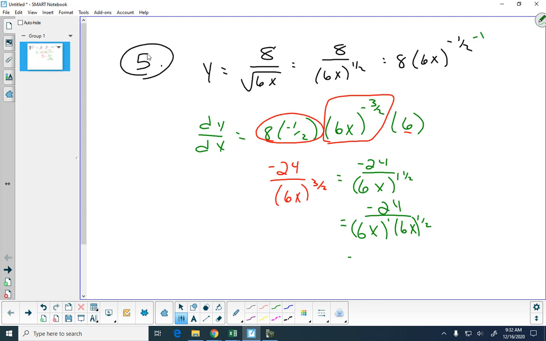Excuse me, so we have negative 24 over 6x and then the square root of 6x. But we can still cancel here to give us negative 4 over x square root of 6x.